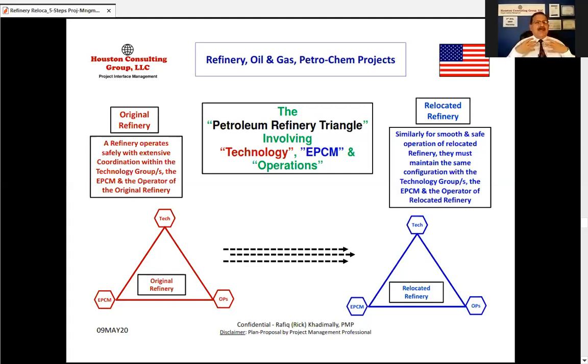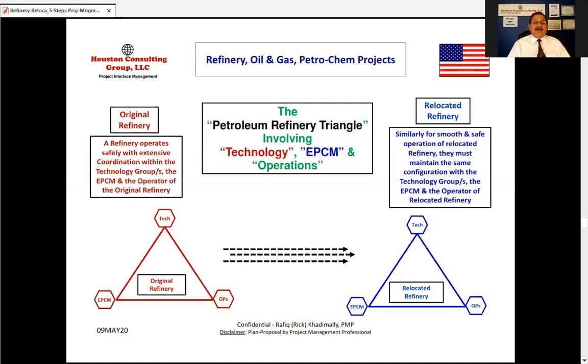What I'm trying to say is, when you are going to relocate the refinery to another place, you have to maintain a similar petroleum refinery triangle there, involving technology, EPCM, and operations group. So look at the right-hand side, which is in blue. Relocated refinery.